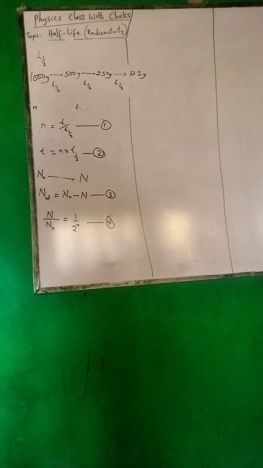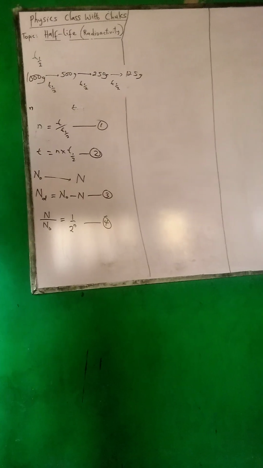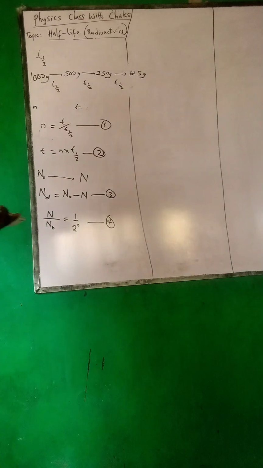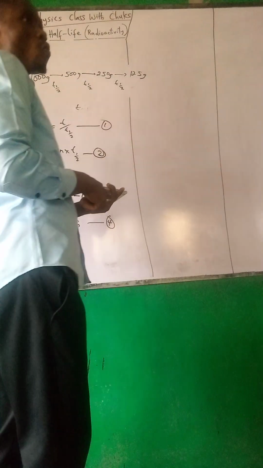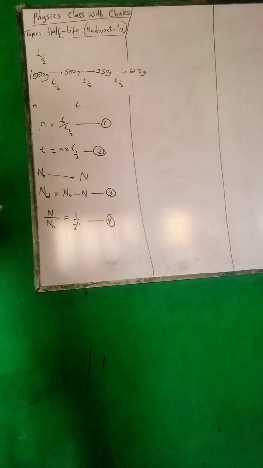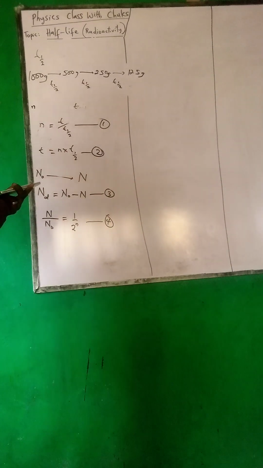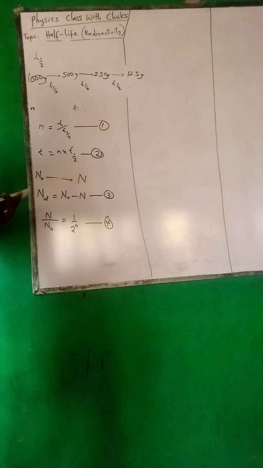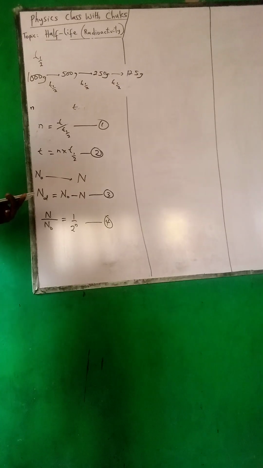Alright. Before we continue solving, let's also remember that there's one concept to add. We call it decay constant. Now, decay constant is the number of decays per second.